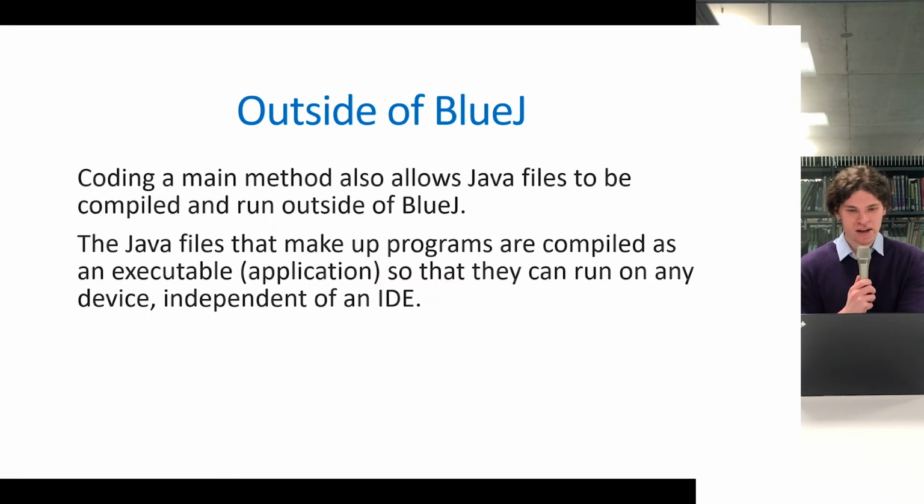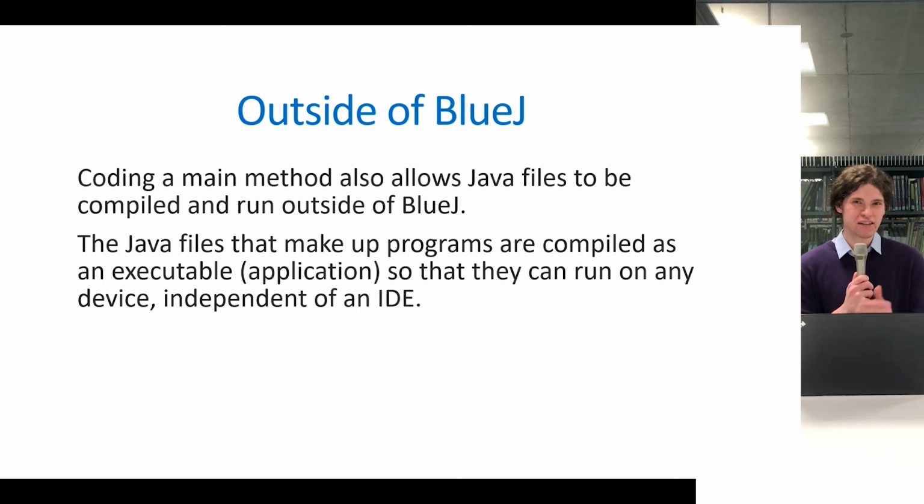Okay, so hopefully that gives you a basic summary of the main method, which will be required as we start to progress outside of BlueJ, and indeed the final apps within BlueJ will require you to use a main method, just so that you're prepared for when you do eventually move on to other environments outside of BlueJ.